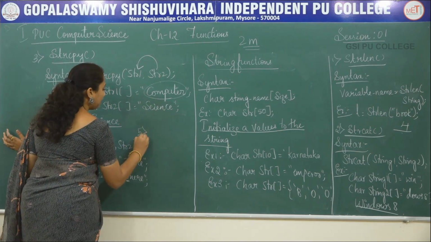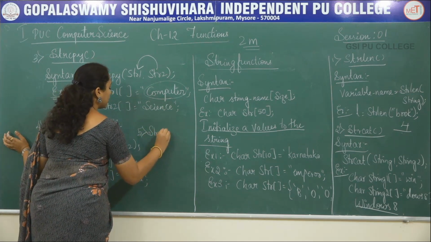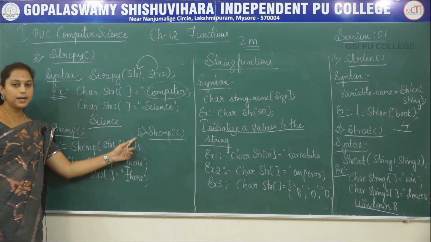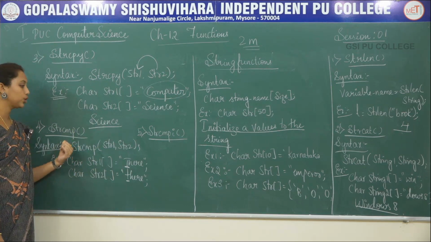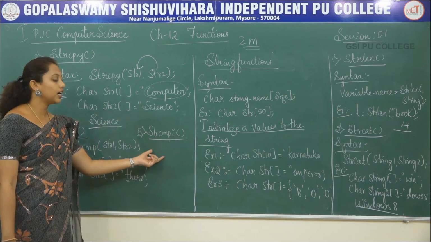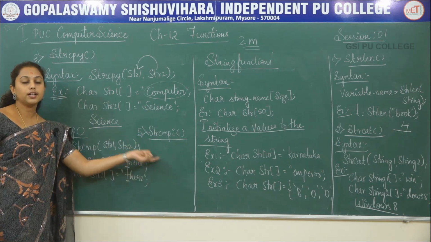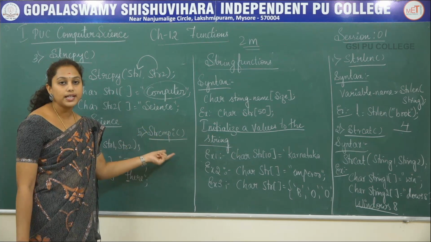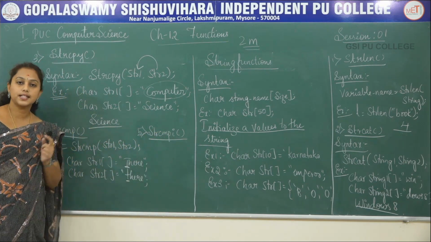Next, the string compare I function. So why do we use the string compare I function? It is the same as the string compare function. It is also used to compare two strings, but here it is ignoring case sensitivity. That is, it treats both uppercase and lowercase characters as the same.